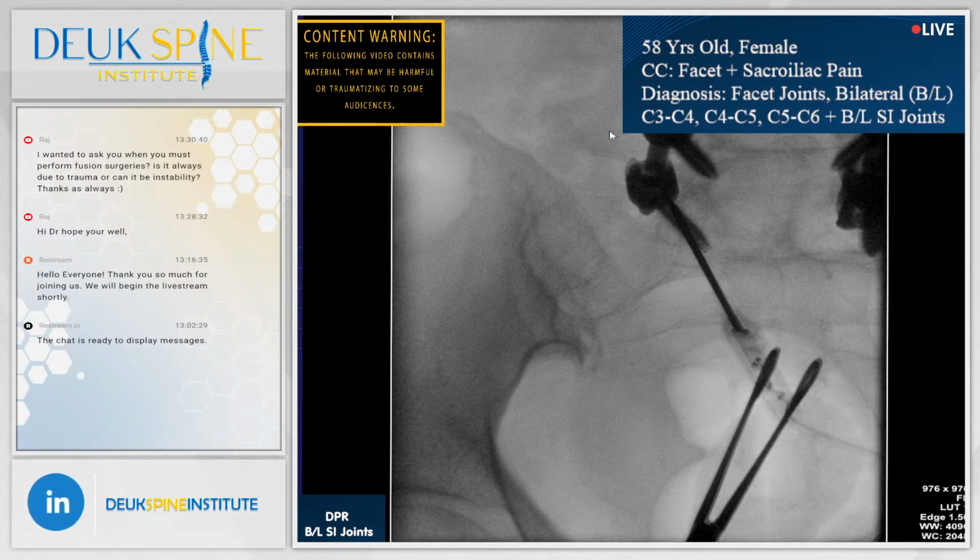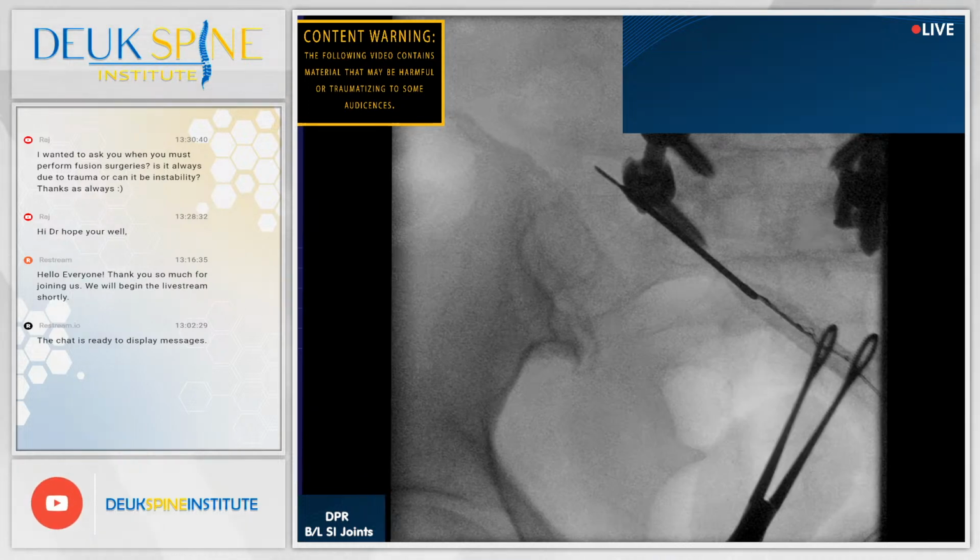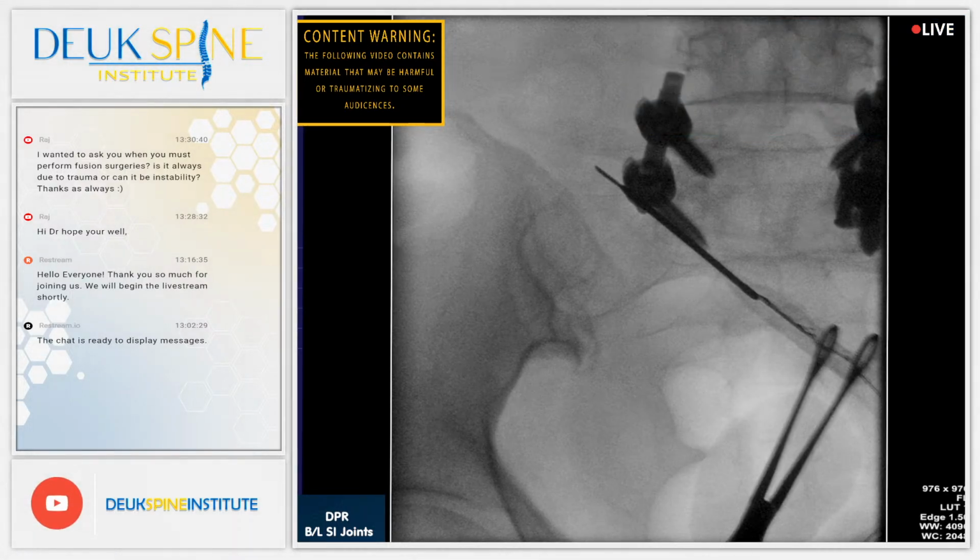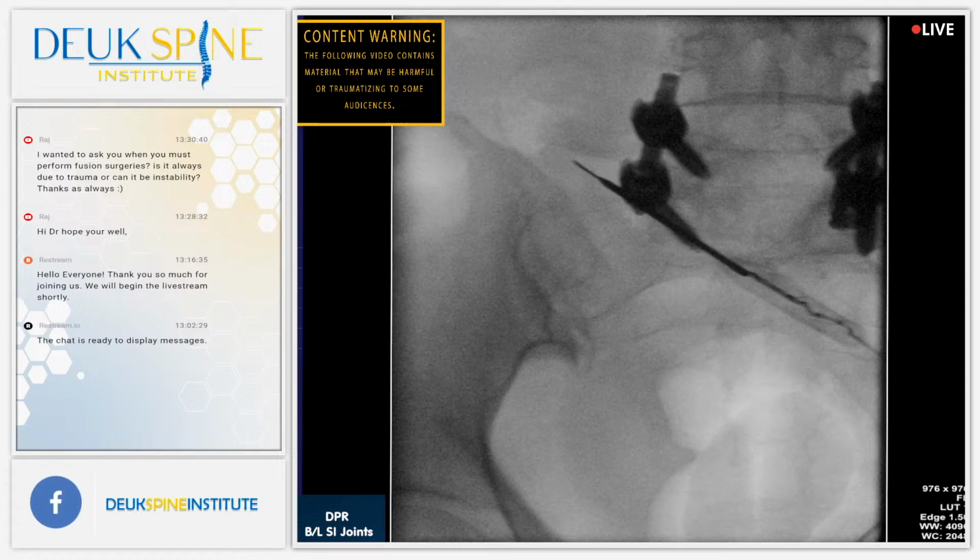Yes, we can. Now I'm going to the most deep part of the SI joint right now. To get there, we have to go through the sacral ligaments and get all the way down to the bone.